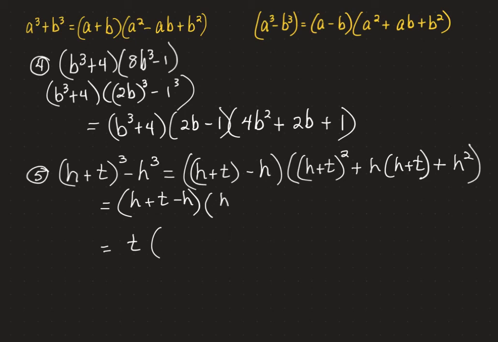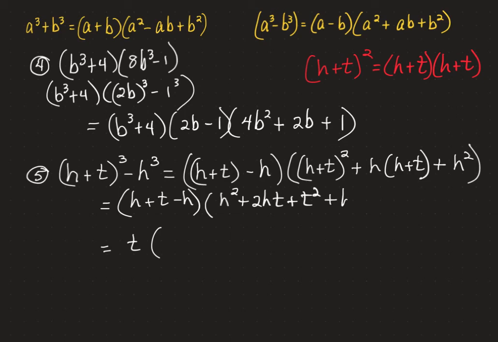Do not try to bring that squared in. h plus t times h plus t will give me h squared plus 2ht plus t squared. All right, my next term here will give me a positive h squared plus ht, and then I have positive h squared. All right, let's combine some like terms within those parentheses.